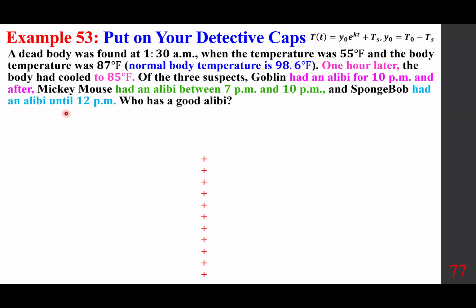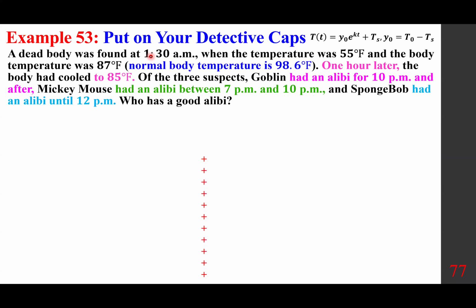So what is the process? And that's what we are going to do. This is an application we are going to do. This is what really happens in the real world. So it was found at 1:30 a.m. We're going to take this for t to be 0.